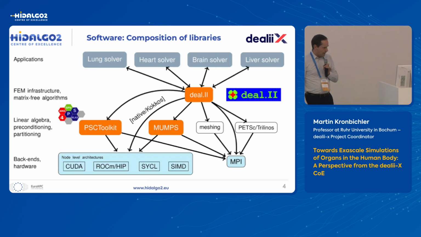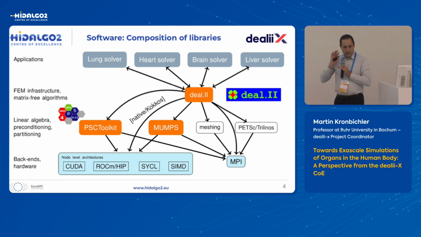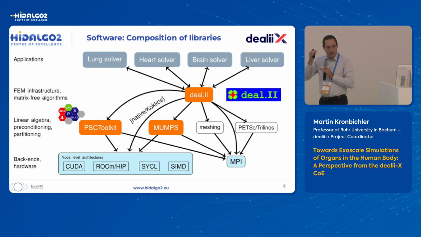In our Center of Excellence, I told you we're quite heavy on mathematics, so essentially we're doing a lot of finite element modeling and method development, a bit similar to the Alberta code, but we're using a different discretization method, but it's close in some sense that we're doing PDEs.